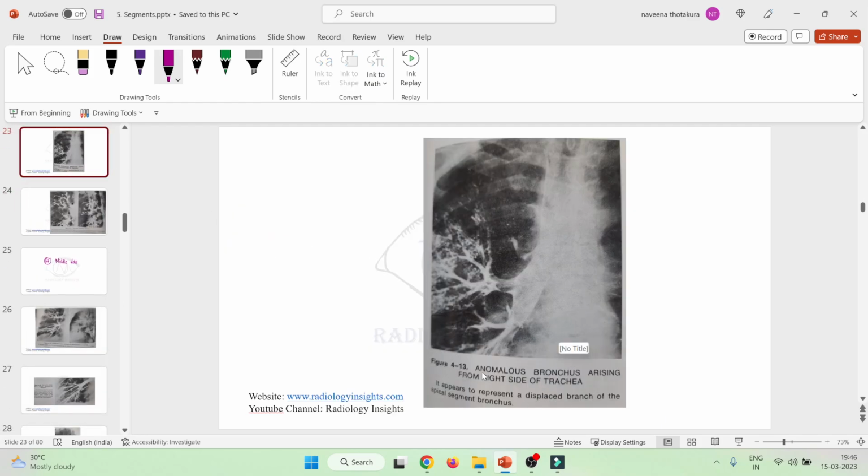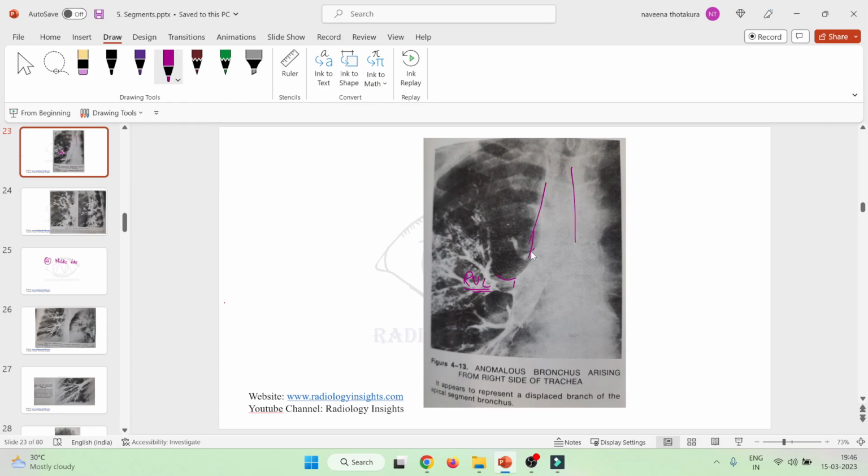Then if you see, this is one more anomaly. There is an anomalous bronchus which is arising from the right side of the trachea. So this is the trachea. There is an anomalous bronchus arising from the right side of the trachea above the right upper lobe. See, this is the right upper lobe bronchus. This is the trachea.